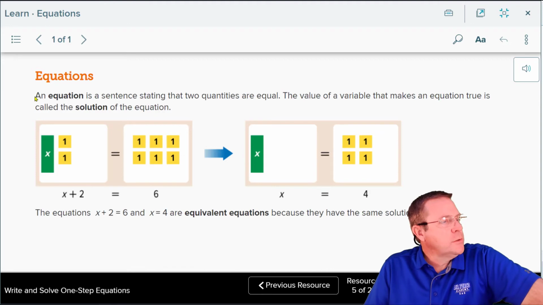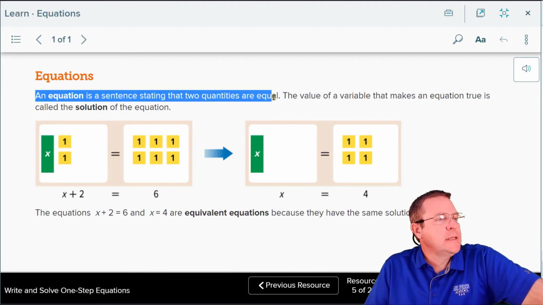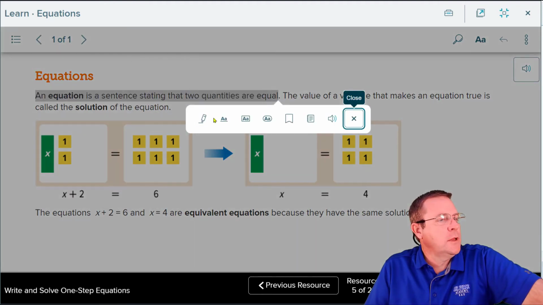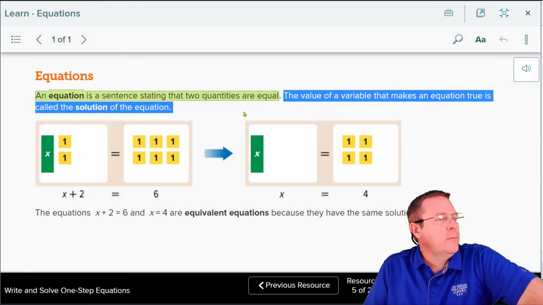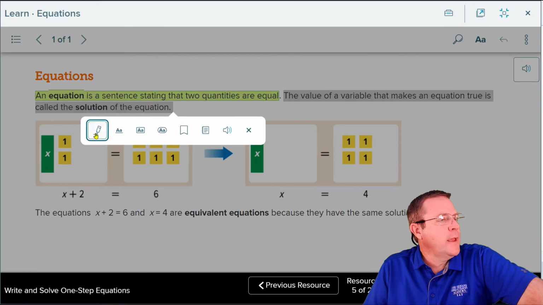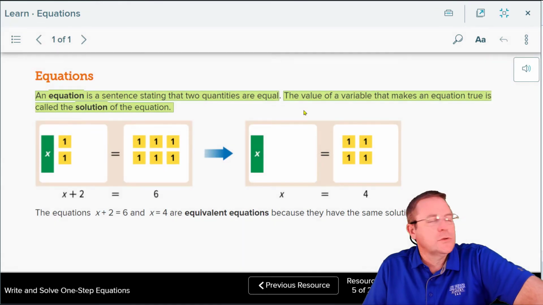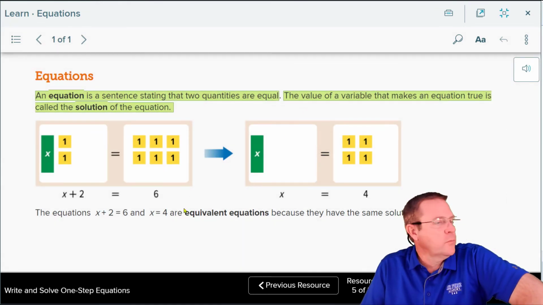An equation is defined as a sentence stating that two quantities are equal. We're getting a lot of vocab words out of this lesson. And the value that makes the equation true, well, that is what we call the solution. So you picked up two more vocabulary terms here.